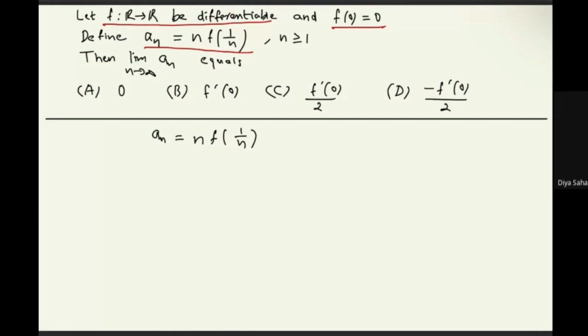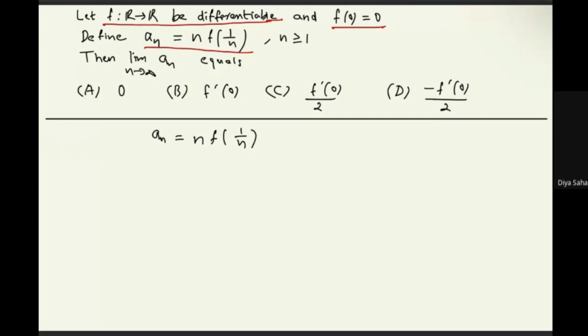In the conditions you can see they are given that f is differentiable. So that means this has something to do with differentiability, not a problem on sequences. In fact, in the options it's related to the derivative of the function.